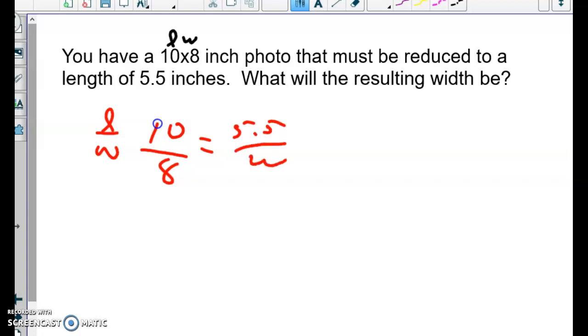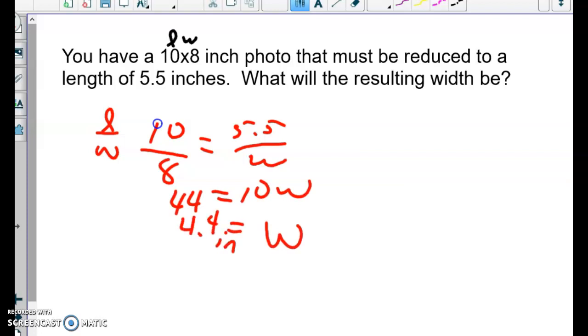And if I do the cross products here, I get 5.5 times 8 gives me 44 equals 10W. So my W must be 4.4 inches.